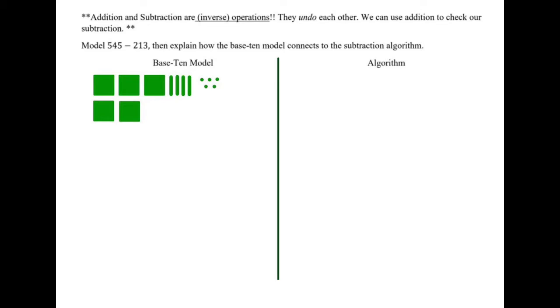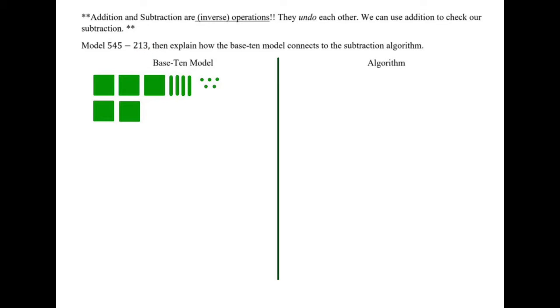Okay, so I've already drawn in the base 10 blocks on this next problem. So model 545. So 500, here's our 5 flats. 40 is our 4 rods. 5 are our 5 units. Now we want to subtract 213.